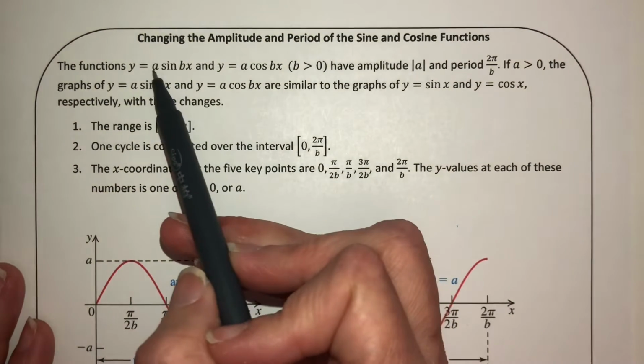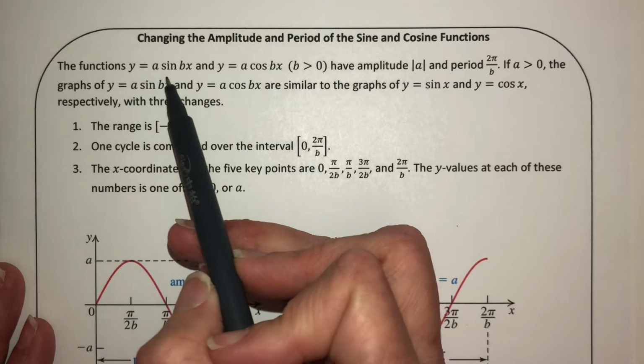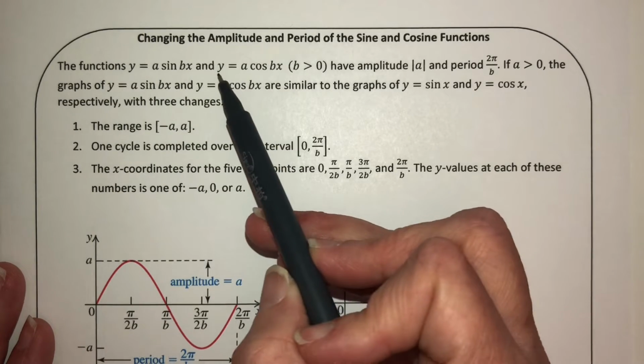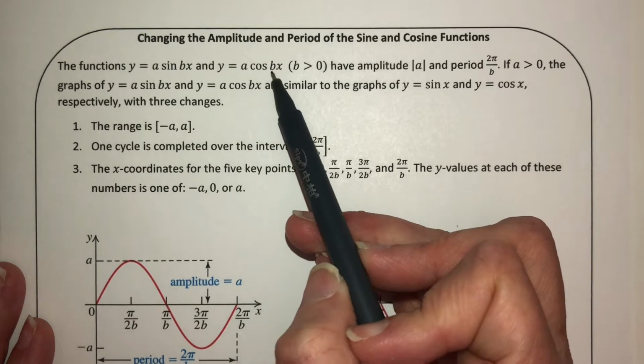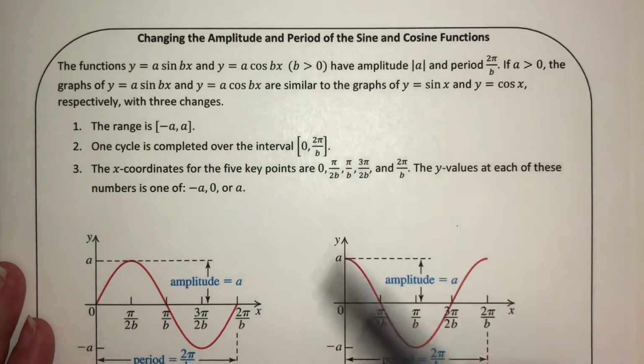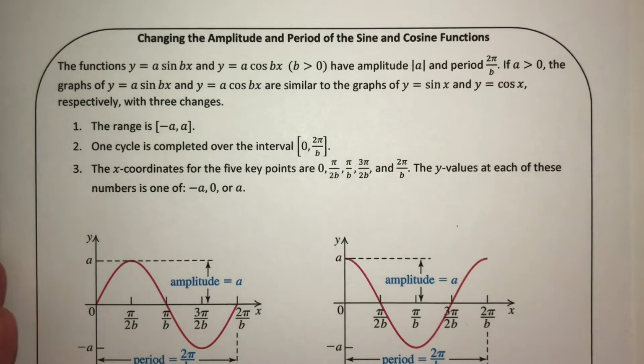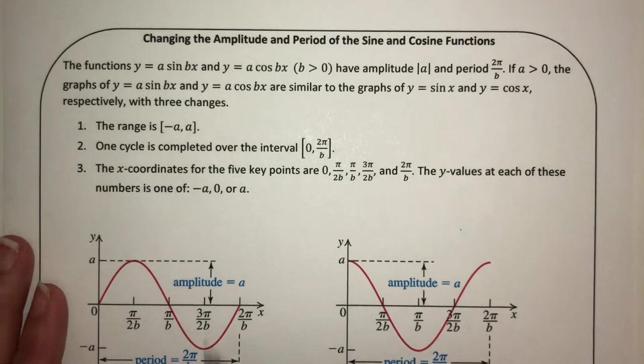If I have a function that looks like y equal to a times sine of bx, or y equal to a times cosine of bx, and I'm only worried about my b values being positive. If they're multiplied by a negative, then we use the even and odd properties to simplify that.